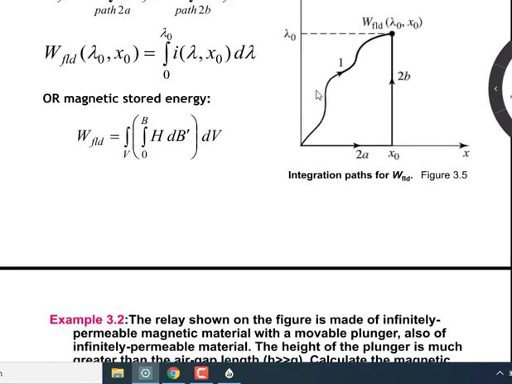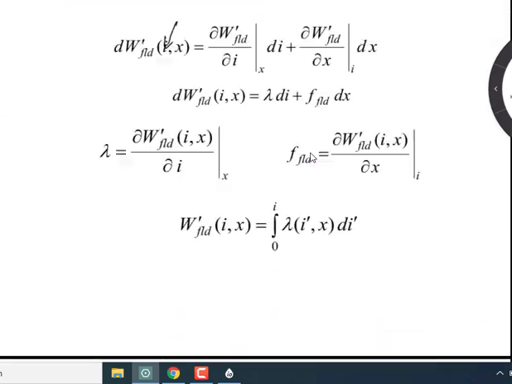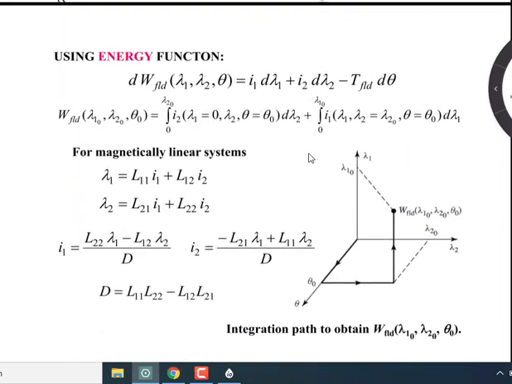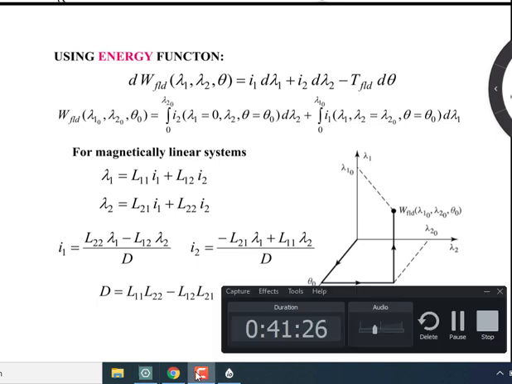So here it was a two-dimensional case. Similarly, here we will do the same thing for the three-dimensional case. When we have multiple energy sources, instead of a two-dimensional case, we now move to three dimensions. And when we need to find the energy expression by integration, we can carry out that integration along the axes, right?